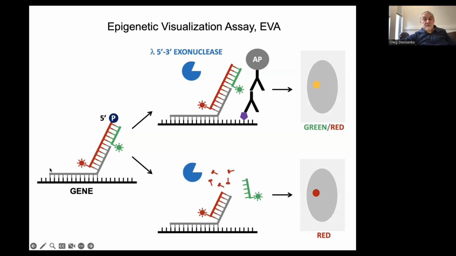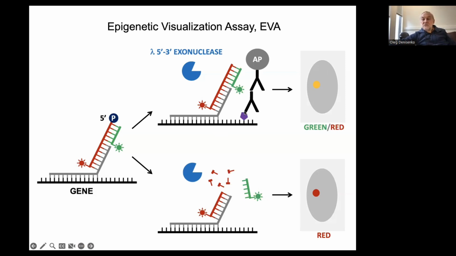Gene is recognized by a series of oligos that are hybridized to the locus, and each oligo has an extension. This extension binds to a red oligo with the phosphate group at 5' end and the green oligo.